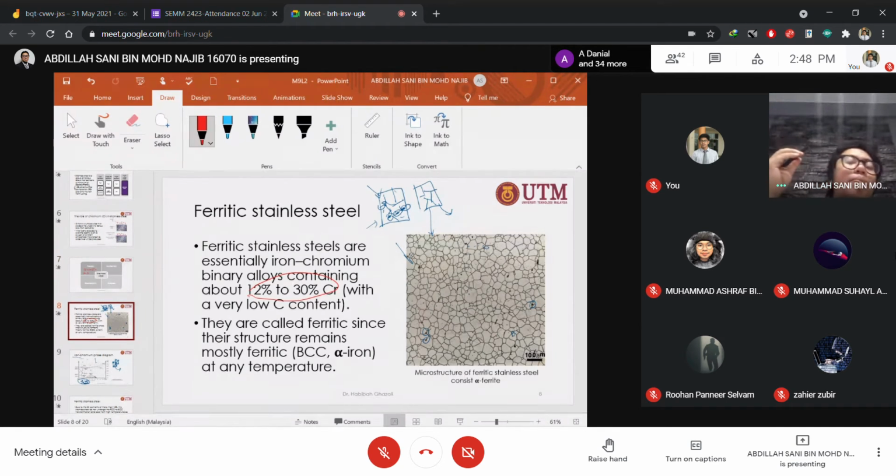I don't know if you still remember, on Monday we had low carbon steel. Basically it's almost the same.